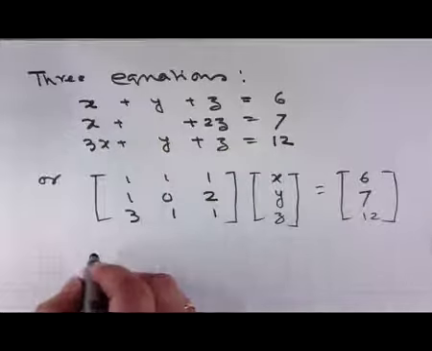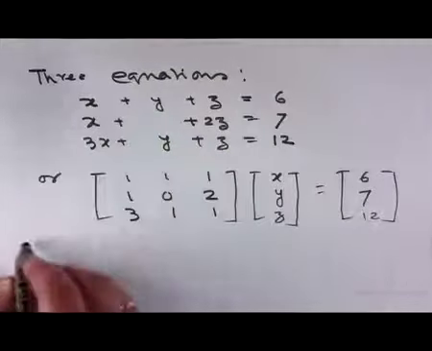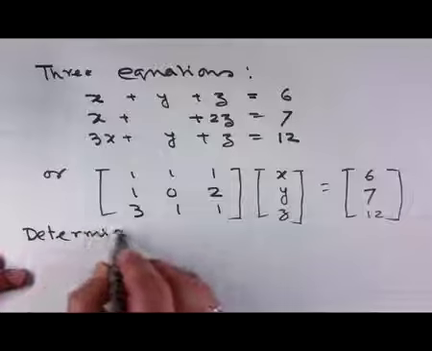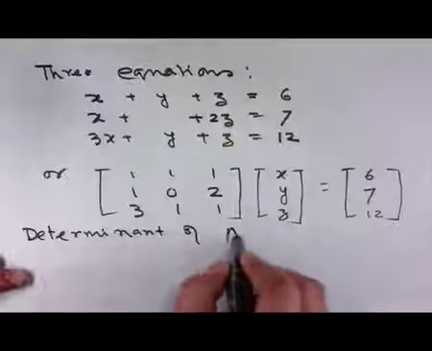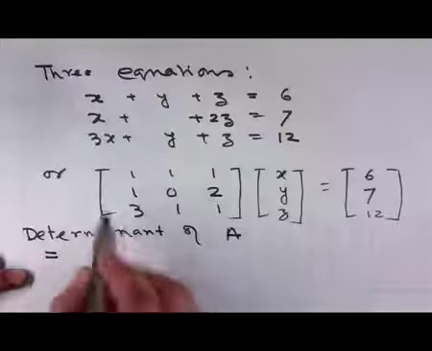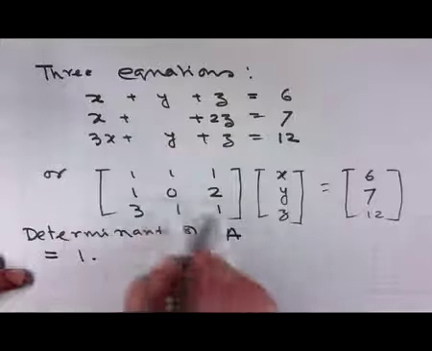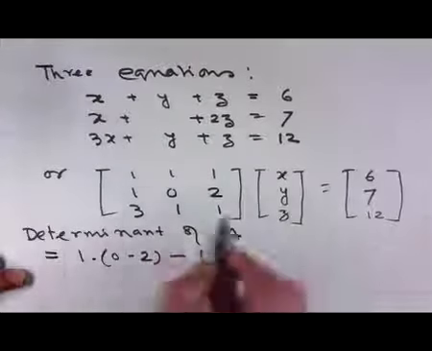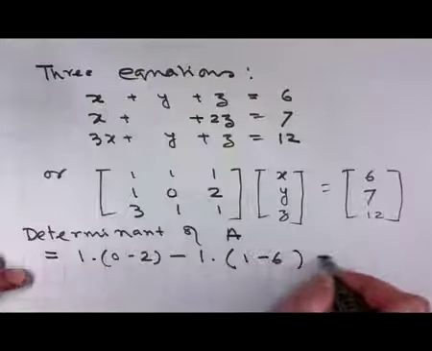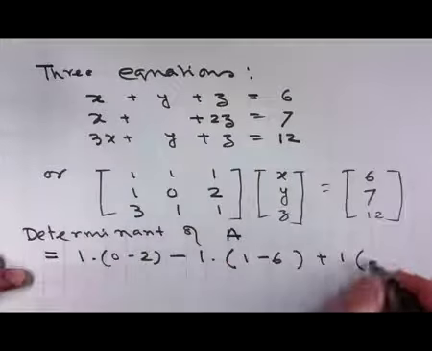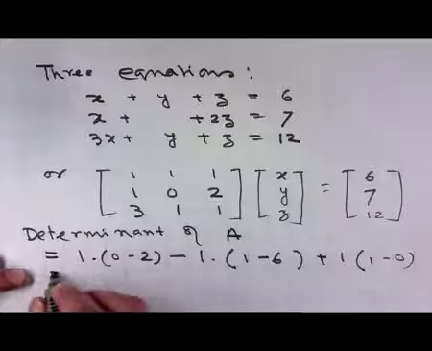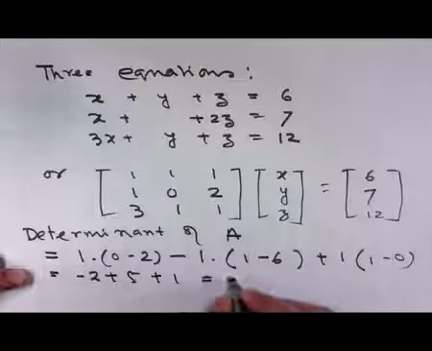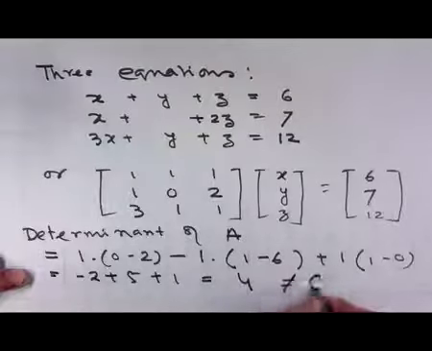Therefore, as before, we first check what is the determinant of A. One into 0 minus 2 minus 1 into 1 minus 6 plus 1 into 1 minus 0 is equal to minus 2 plus 5 plus 1 is equal to 4, not equal to 0.